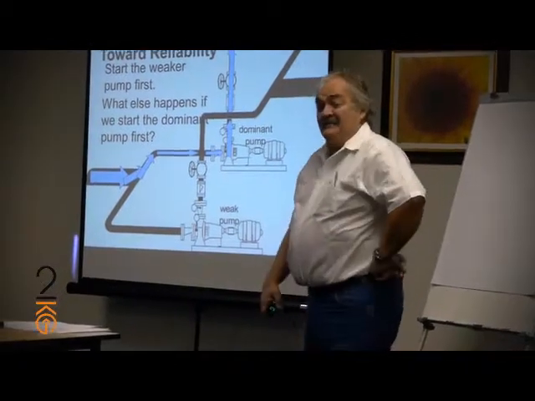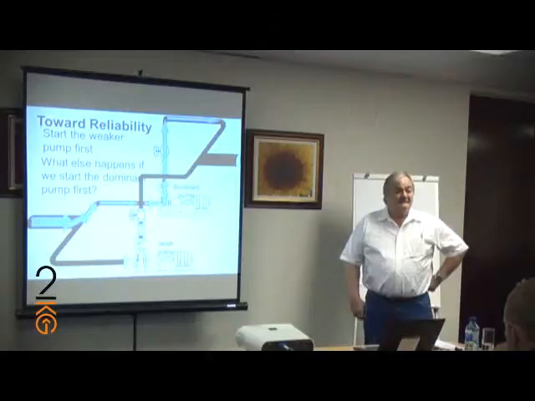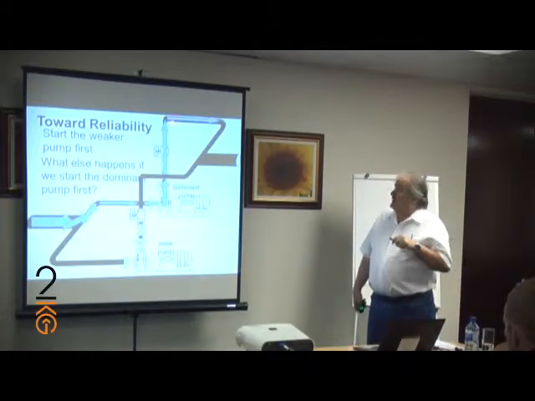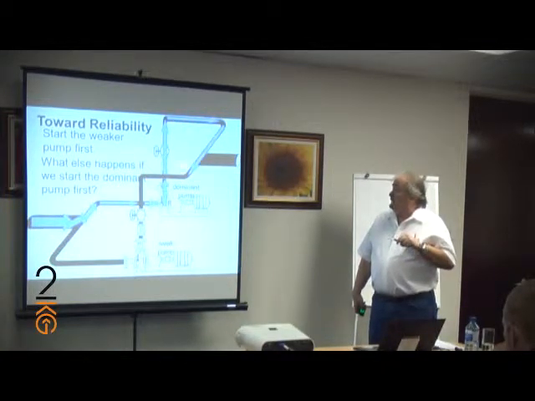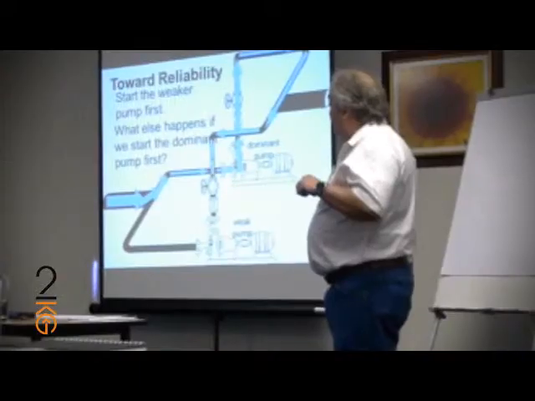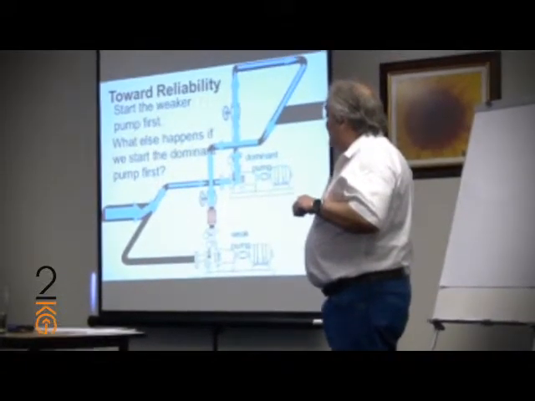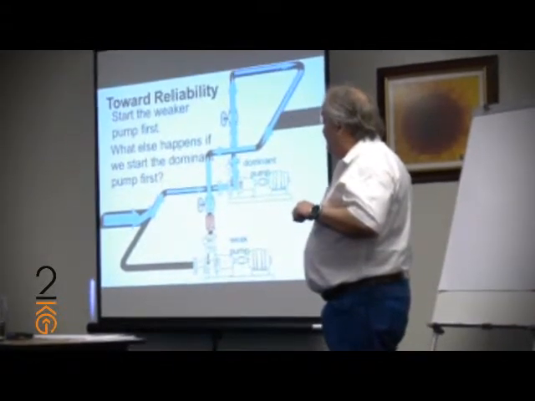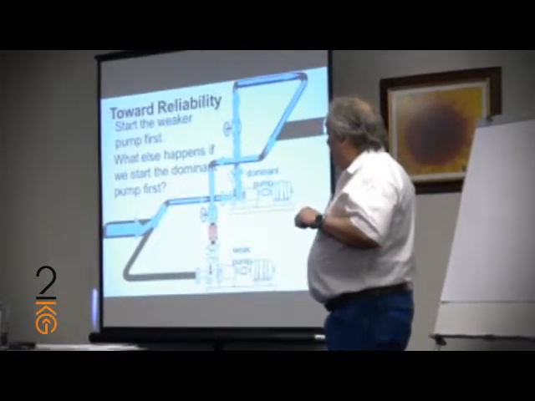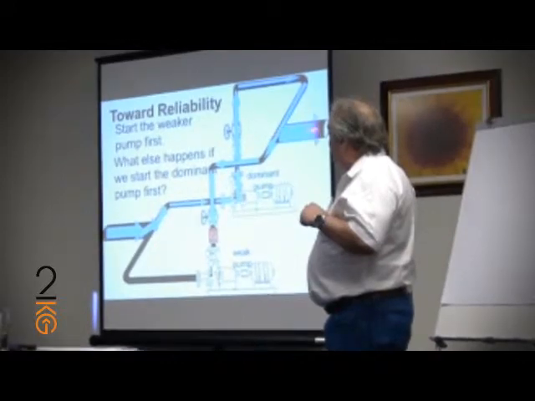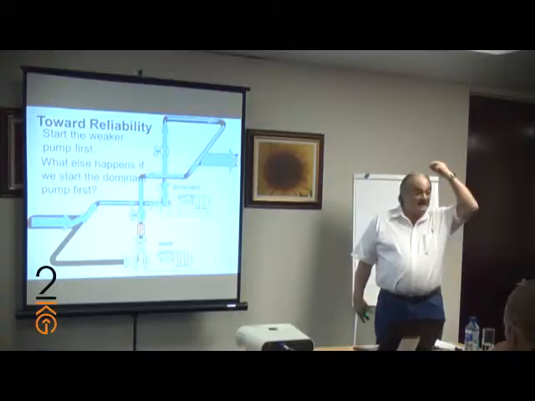But something else happens if you start the dominant pump first. Let's go back to where we were here. This is where we ended it here. Let's bring it down through here, bring it over to here, bring it down to here, and slam into that check valve right there. Now when the liquid can go no more in this direction, the liquid is pushed out here. Does that make sense?